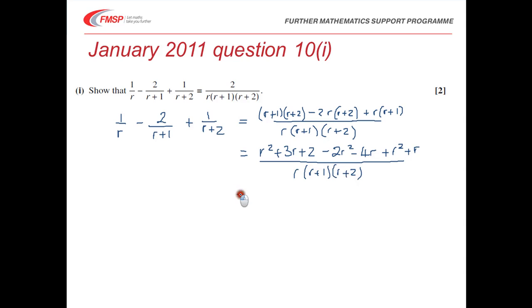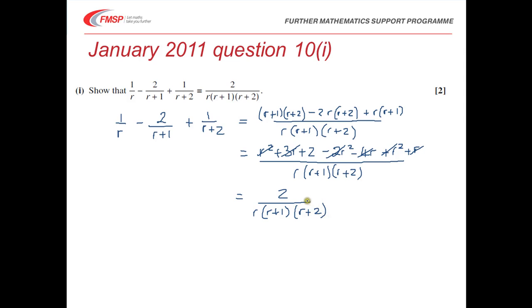So all we need to do now is just to check. We've got an r squared and a minus 2r squared and another r squared there, so they definitely do cancel out. 3r and another r, that's 4r, take away 4r. So those also cancel out, and we're just left with what we were hoping we'd be left with, which is a 2, and so we have our result.